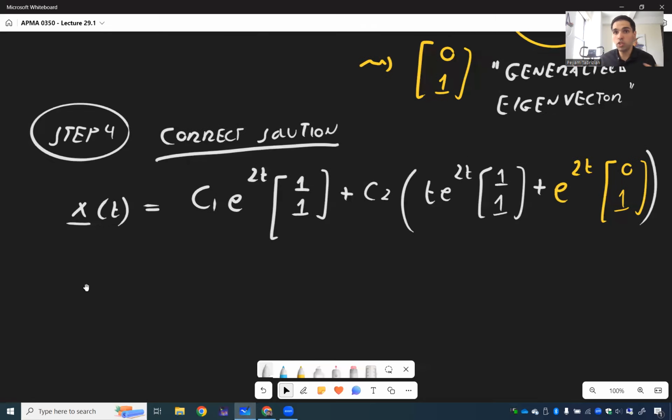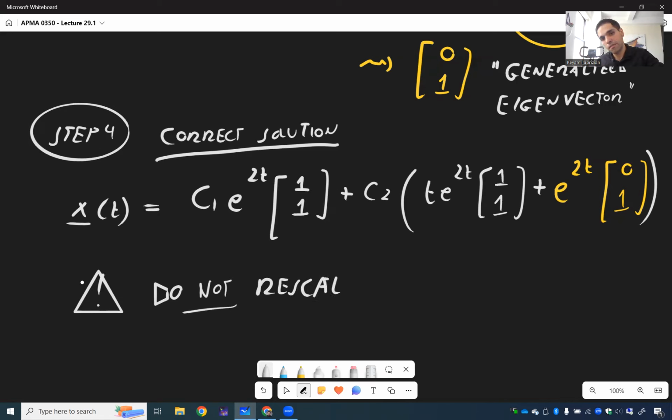And again, just two remarks. Again, the (0, 1) is what's called a generalized eigenvector if there are not enough eigenvectors. And very important, this is the number one mistake I've seen. While it is okay to rescale eigenvectors, do not rescale generalized eigenvectors, because it turns out it will change your equation completely.